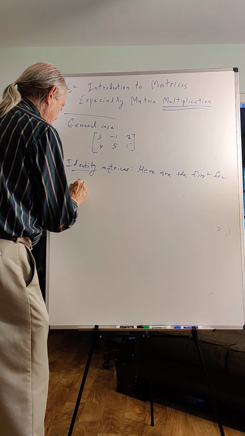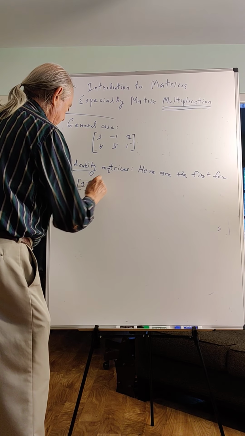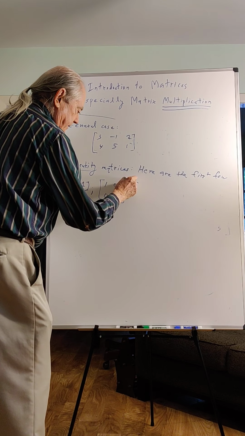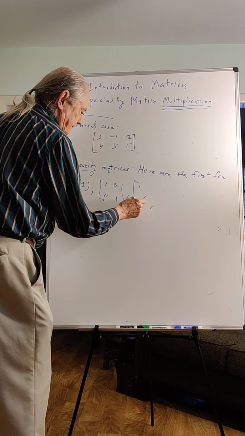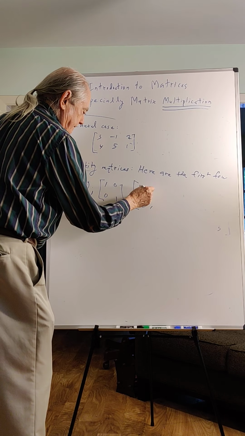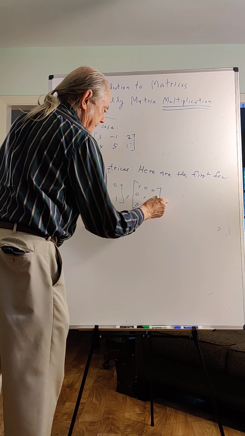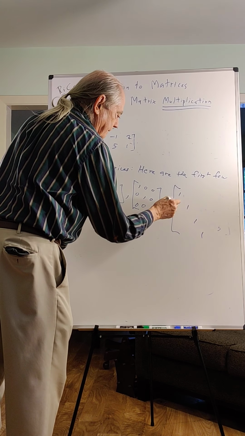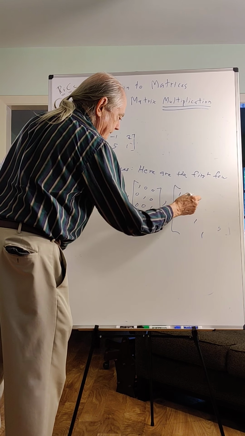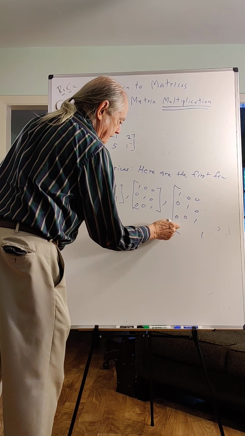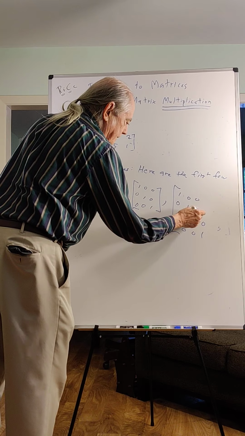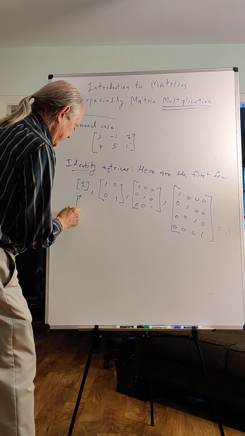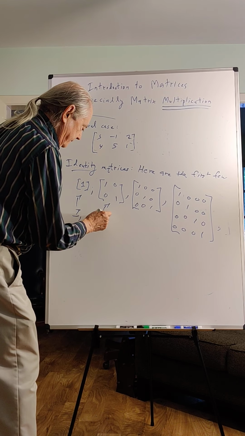There's the 1 by 1 identity. Here's the 2 by 2 identity. Here's the 3 by 3 identity. Four by 4. So the notation for this is I1, I2, I3, I4.